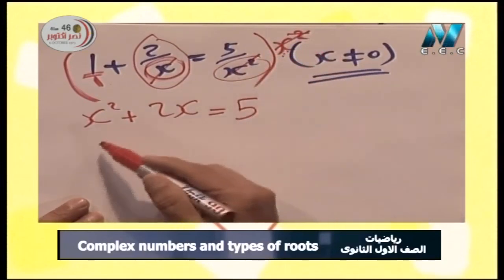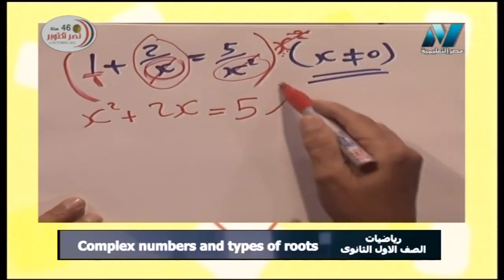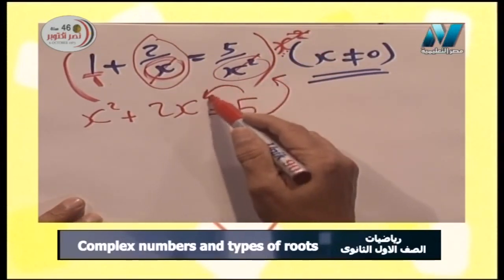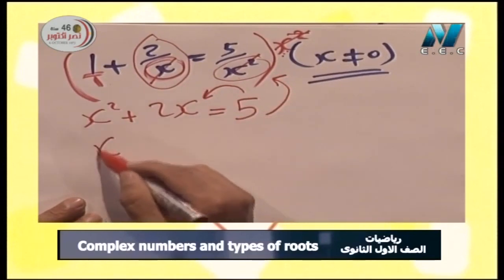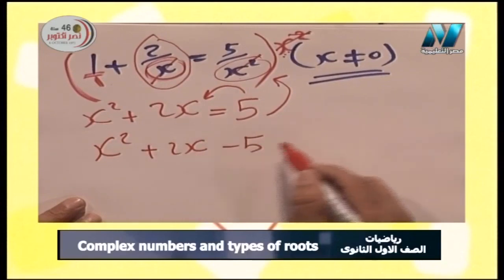This equation is simpler than the first one, but we must transfer 5 to the left side. We have x² + 2x − 5 = 0.